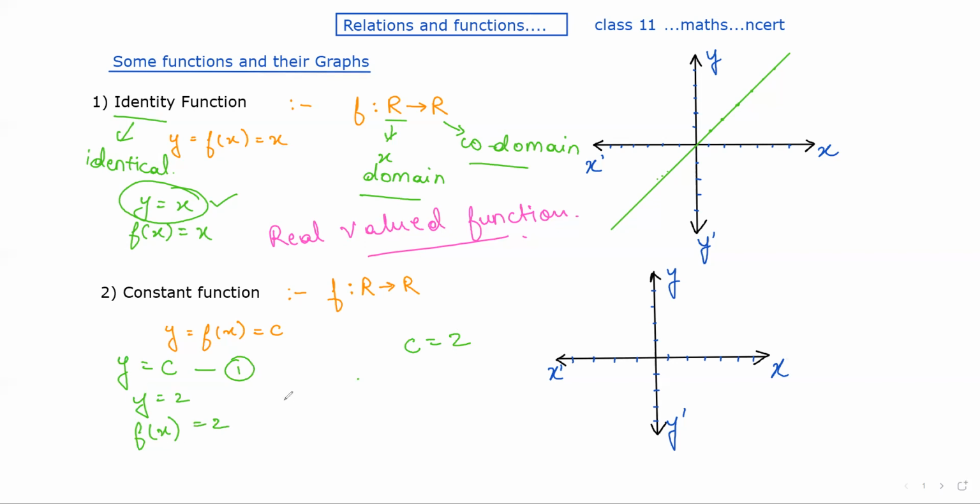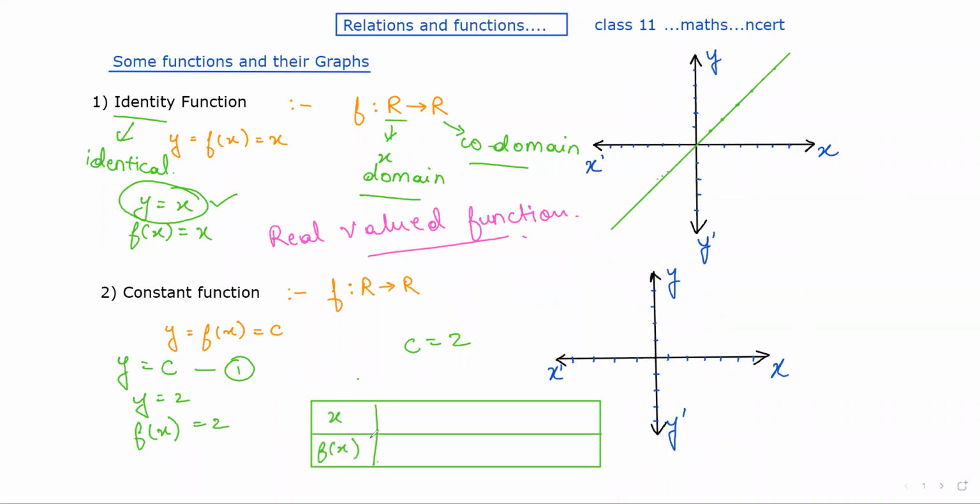If you formulate a table and place any value for x, you'll always get the value C, which is 2. For x equals 1, f of x is 2. For x equals 2, f of x is 2.